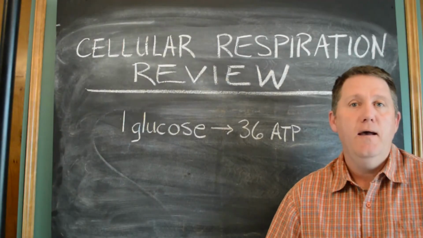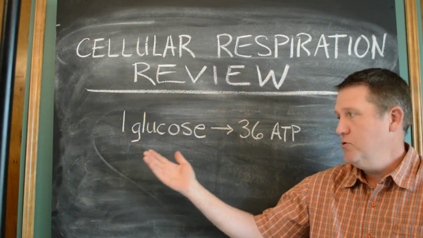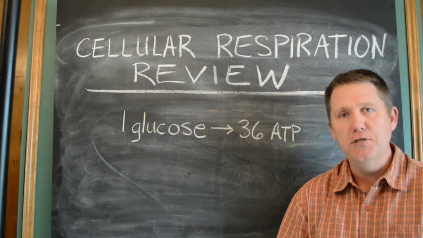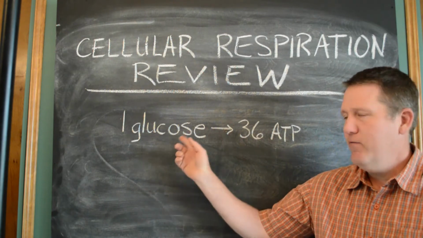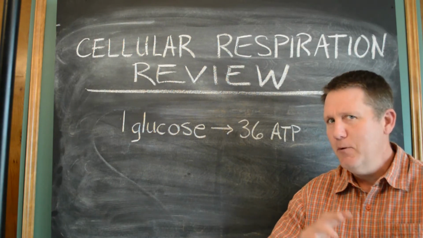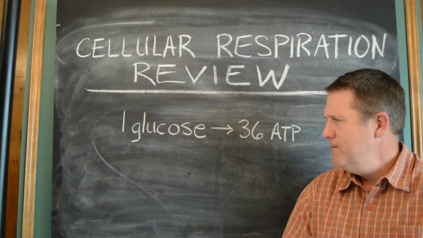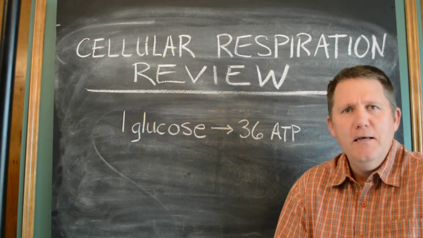So we spent a lot of time tracking in cellular respiration what happens to one glucose. It all boils down to making 36 ATP. It seems all very theoretical. I don't know that I've ever eaten one glucose molecule myself. Usually I eat them in batches. So I kind of wondered, one glucose molecule, like what would that be in real terms?